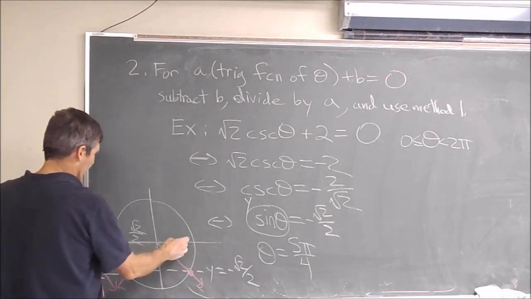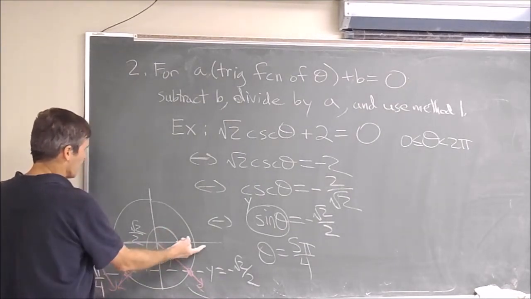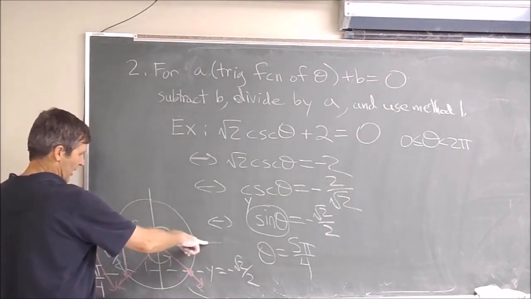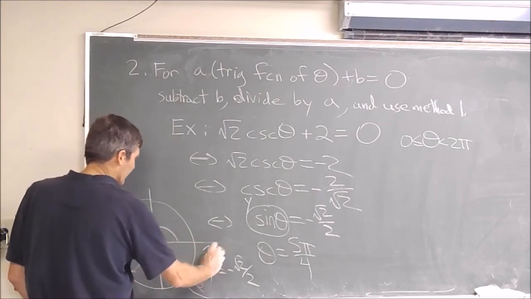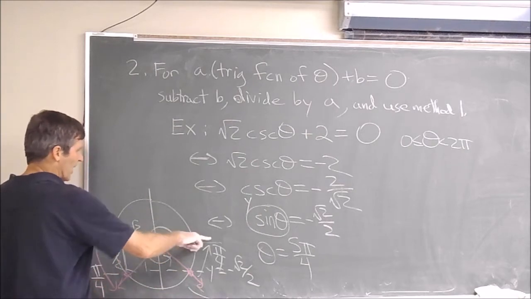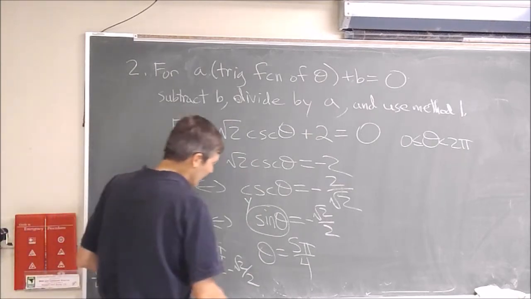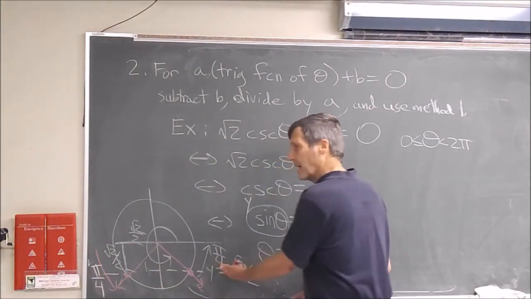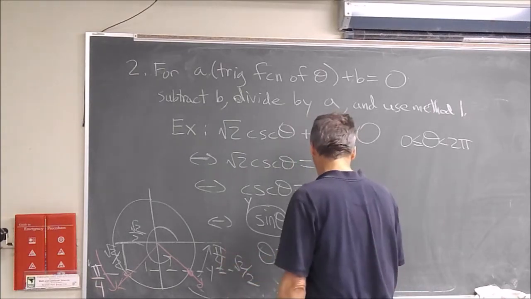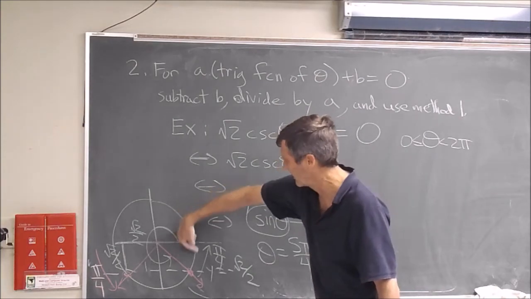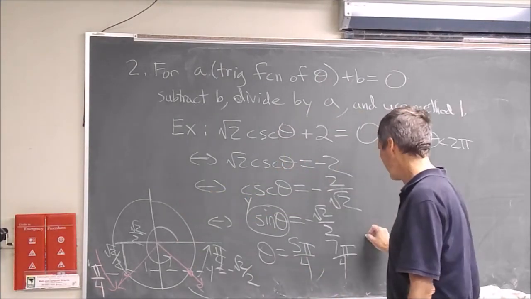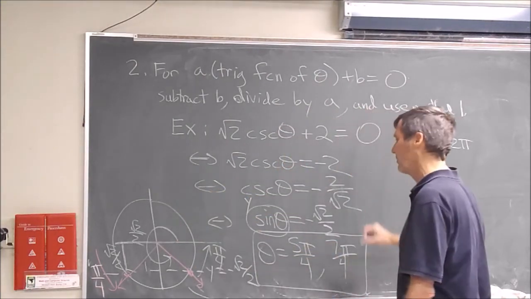Now this one here, the easiest way to do that is to say, oh, it's 2 pi, a whole rotation, less this one, by symmetry has to be equal to this one. So 2 pi back up pi over 4 is, well, let's see, 2 pi is 8 pi over 4, take away 1 pi over 4 is 7 pi over 4. Alright, 8 pi over 4 minus pi over 4. There's my 2 answers there between 0 and 2 pi.